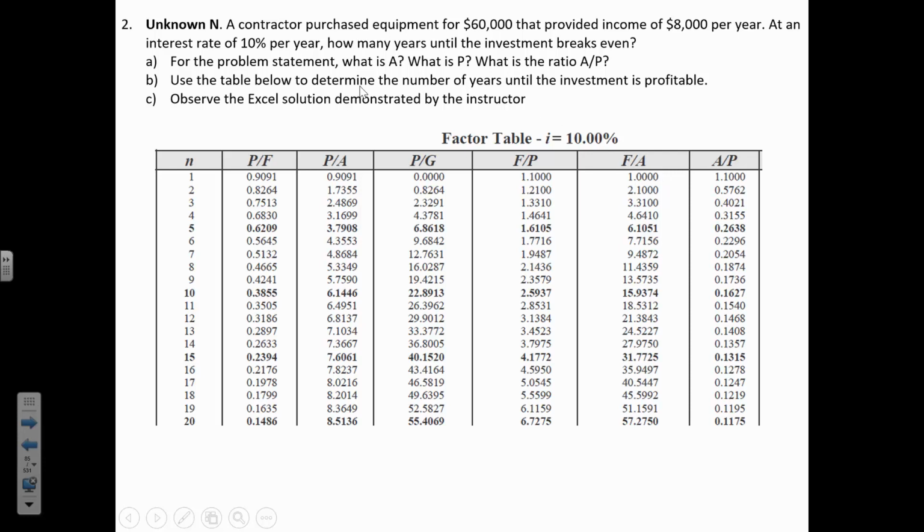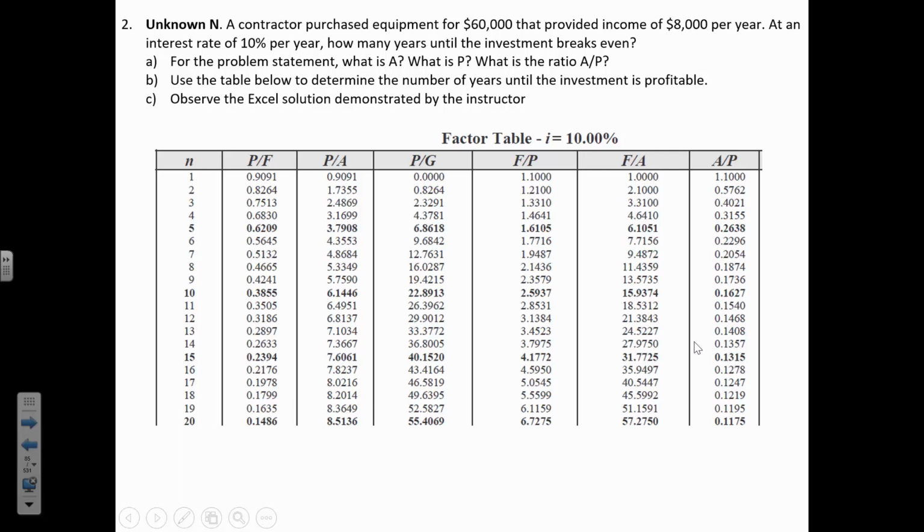Now look at this table, the A to P column. If we go down, what we're looking for is which row it is that we can find 0.1333. It looks like it's too high, the ratio is too high, and now it's too low.